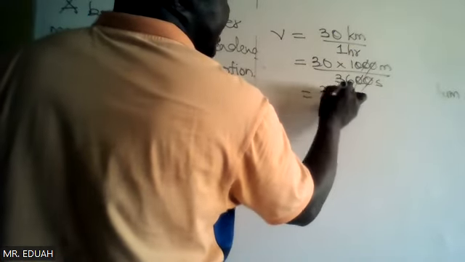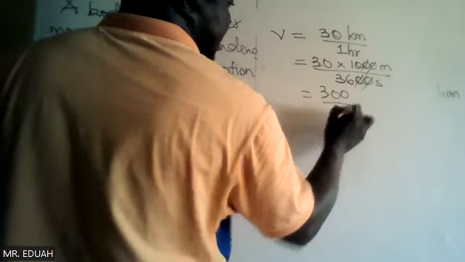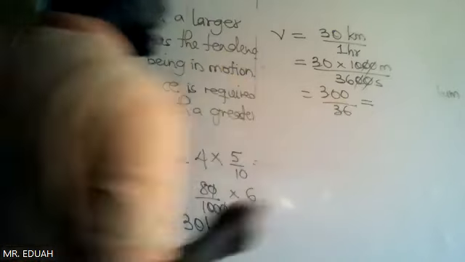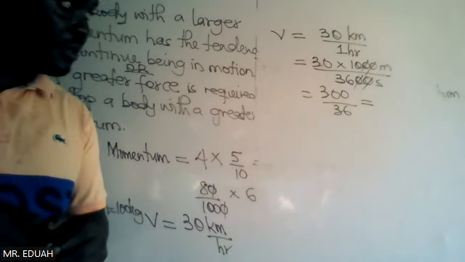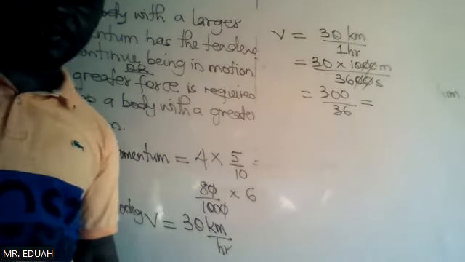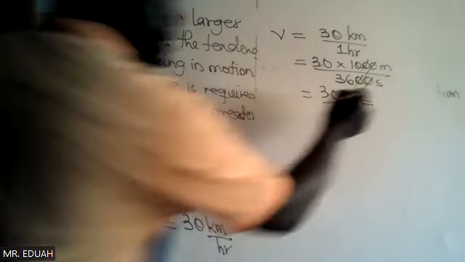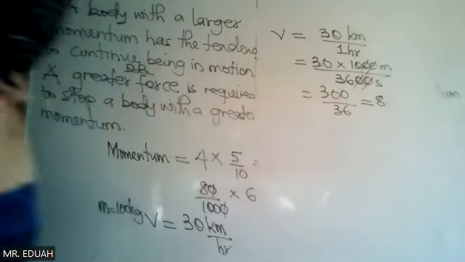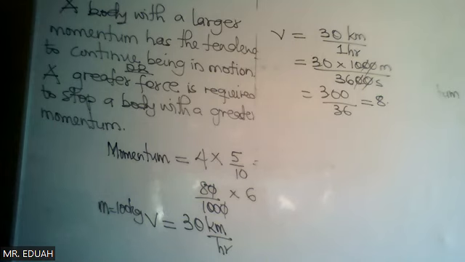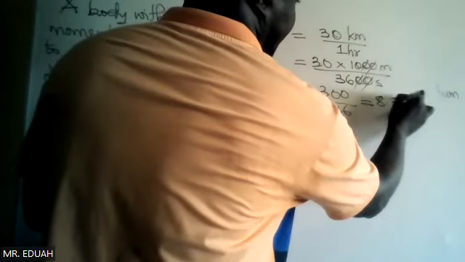Okay, so we have 300 on 36. And what is 300 divided by 36? 8.33. So this is 8.33 meter per second.